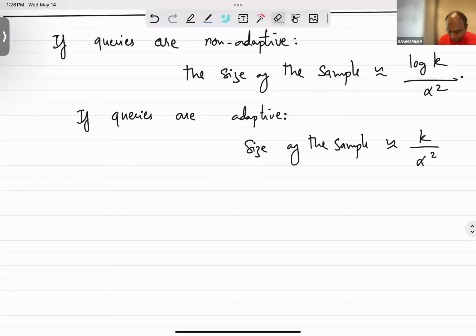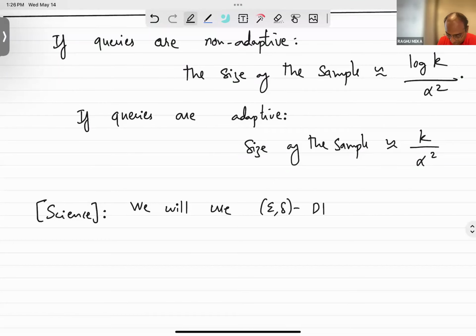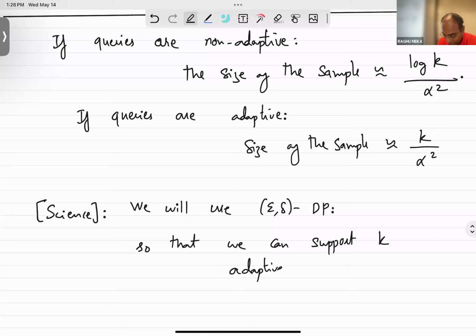And what this paper in Science Journal suggested was we will use epsilon delta differential privacy so that we can support k adaptive queries.